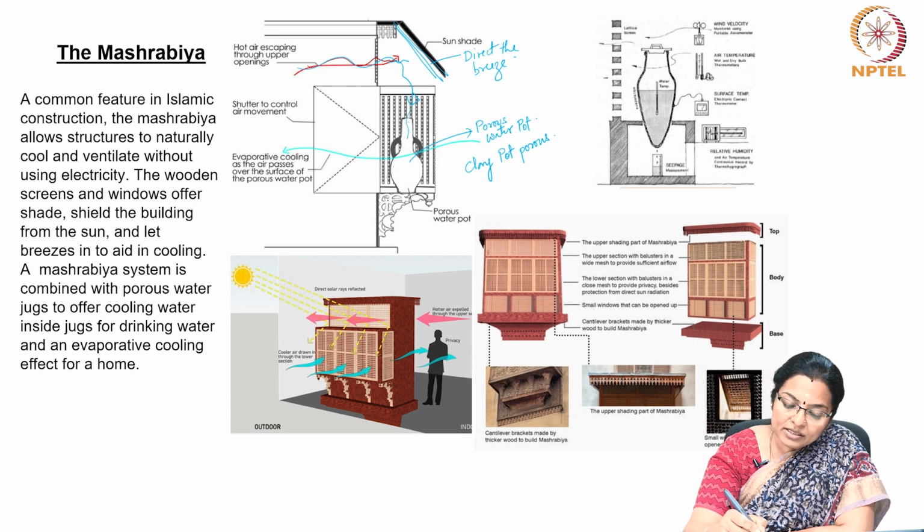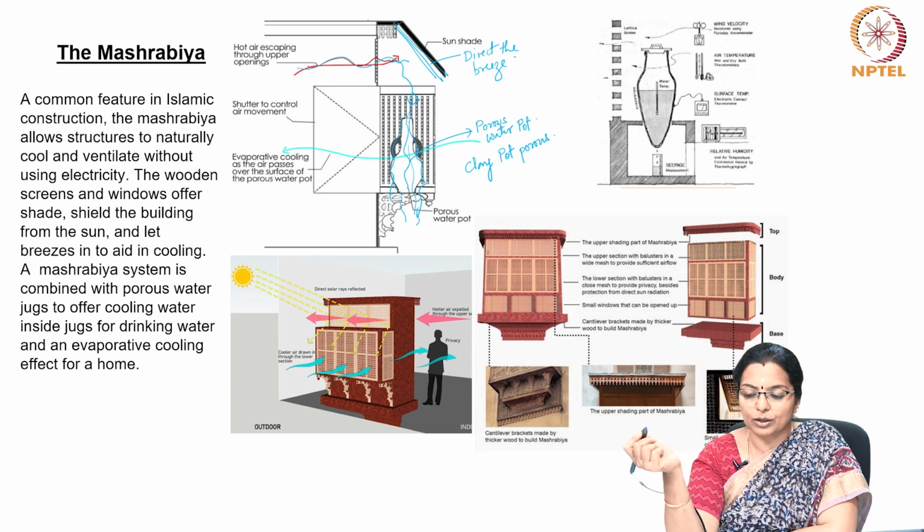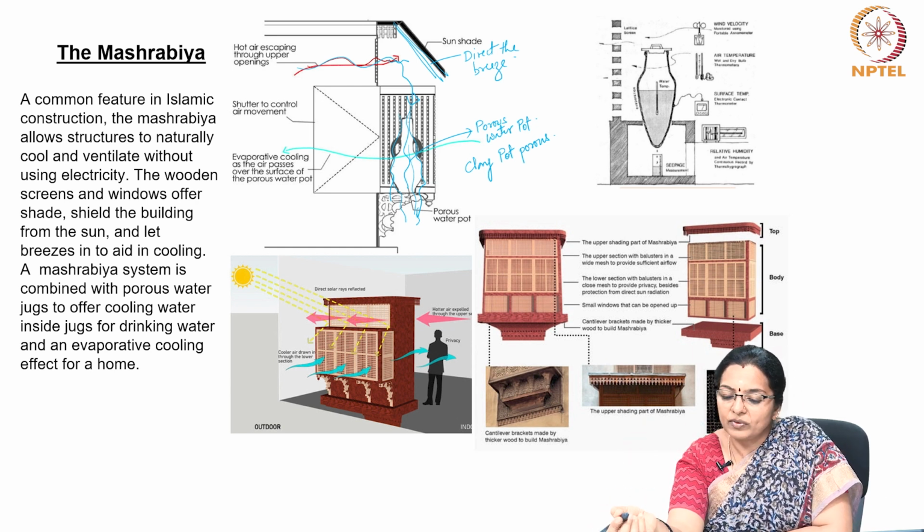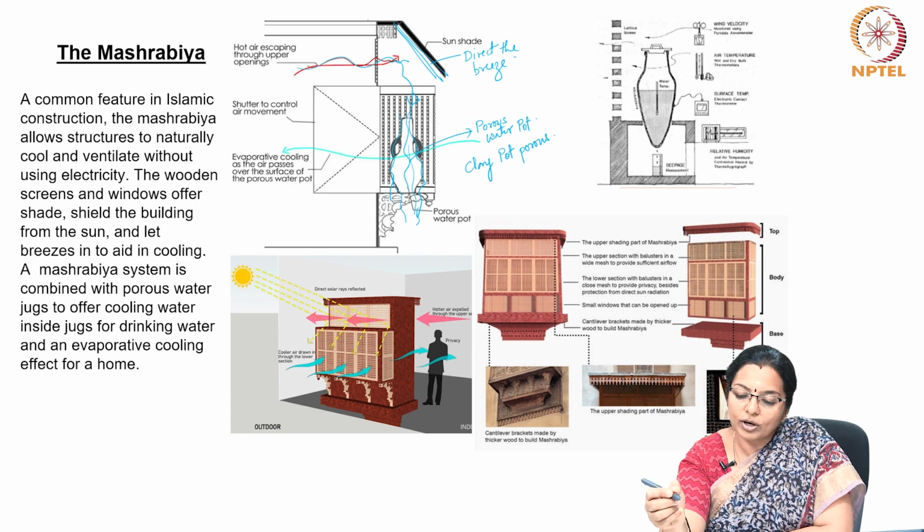So the breeze flows either through the pot or over the pot. It flows over the pot and comes down. Now this can happen in multiple ways, depending on the way the pot is placed. Here a small variant is the use of a lattice screen like jalis, and the breeze flows over the pot.